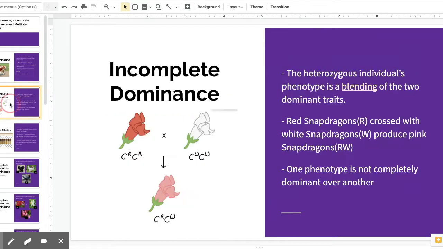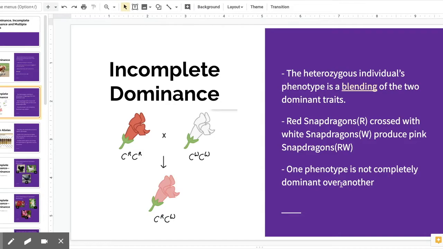Now, another example that doesn't follow Mendelian genetics is incomplete dominance. This is where the individual's phenotype is a blending of two colors. Pink flower color in a lot of flowers is not standard or produced simply by dominance. It's produced by incomplete dominance because it's a blending between red and white.